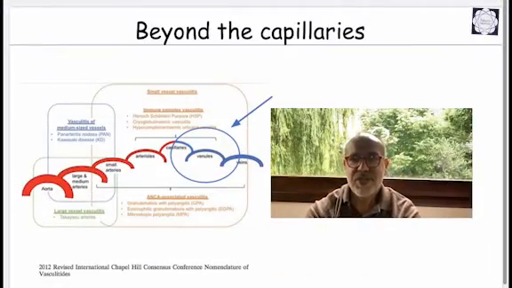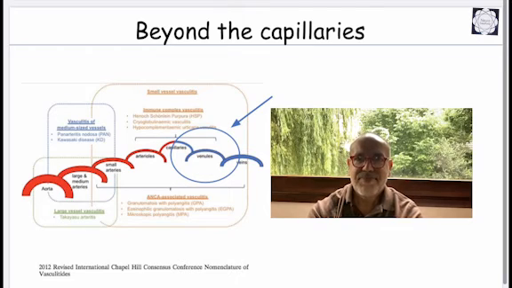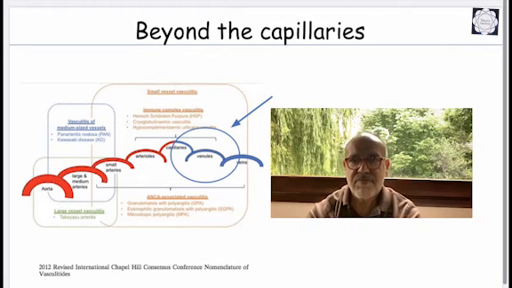Okay, just to finish up, I would like to remind you of the Chapel Hill classification of vasculitis of 2012, where the focus was placed on the type of vessels involved. We have the arteries, large and small arteries, capillaries, venules, and veins.